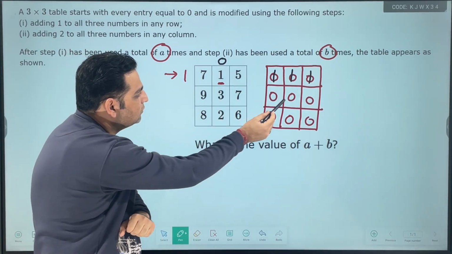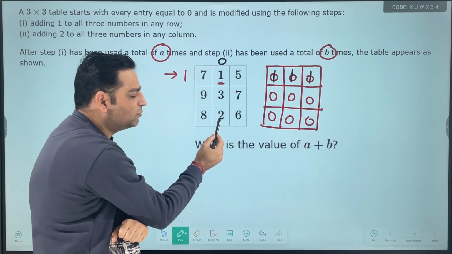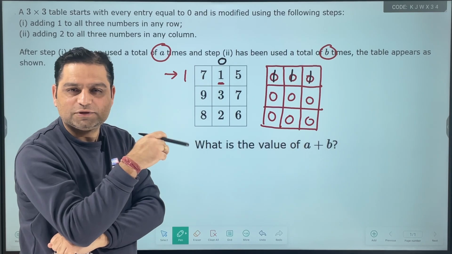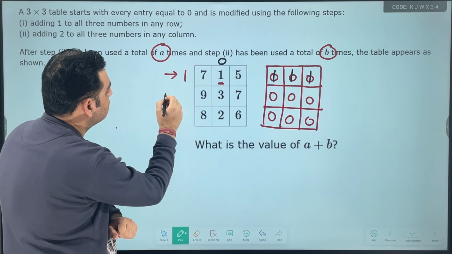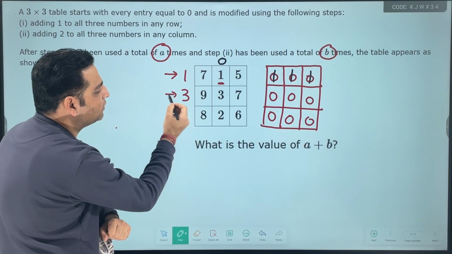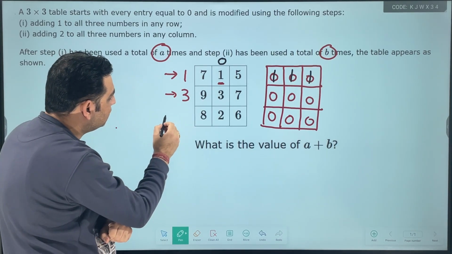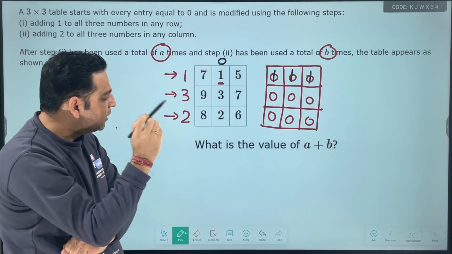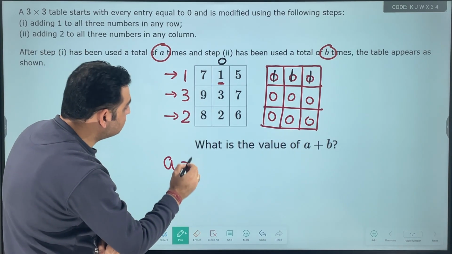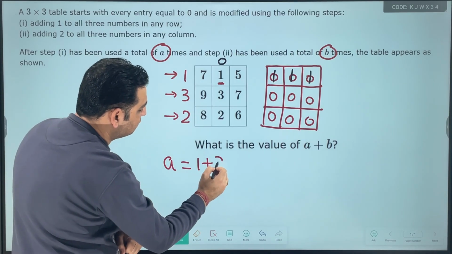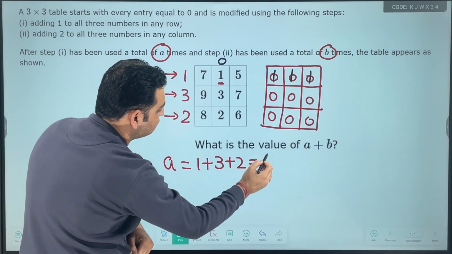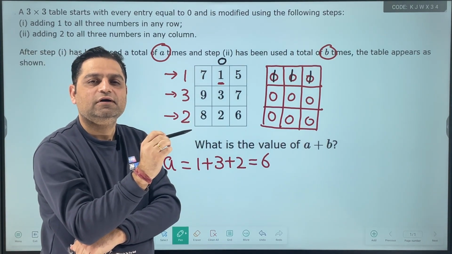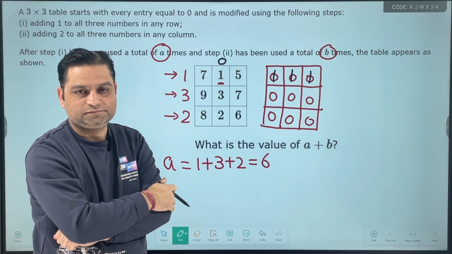That means this 0 has become 3 and this 0 has become 2 because of row transformation only. That means row changes are done 3 times in the second row and 2 times in the third row. And finally, the value of A which I am getting is 1 plus 3 plus 2, which is equal to 6. Total 6 changes have been done according to the row rule.